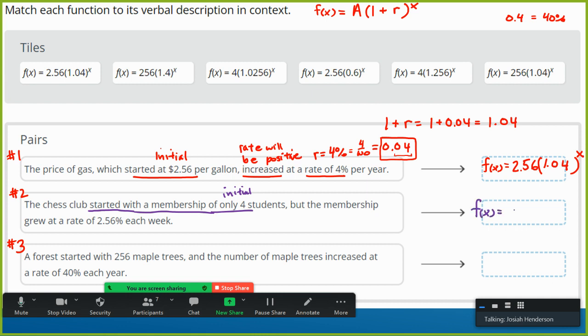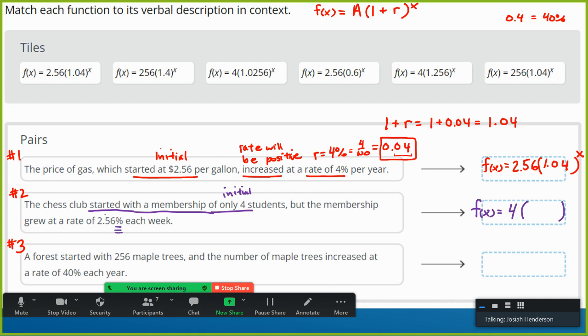So writing our formula, it's f of x equals 4 times 1 plus our rate. Now here, this is a little tricky because they're giving it to us as a percent. It has the symbol, so that's percentage, but it's also a decimal. So to convert from percent to decimal, the safest way is always put it over 100.